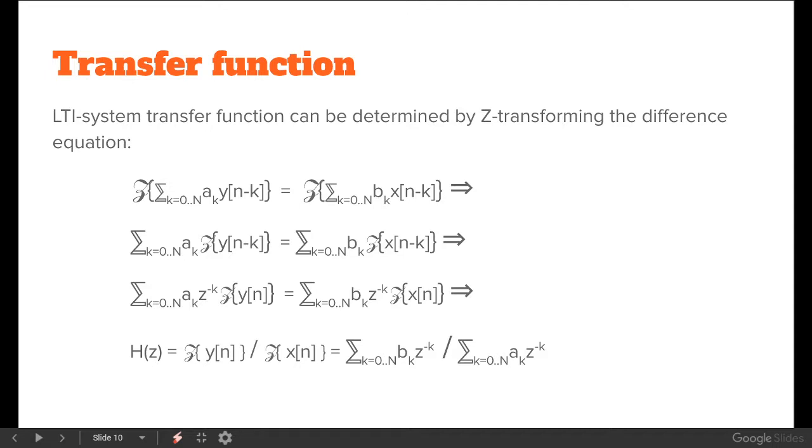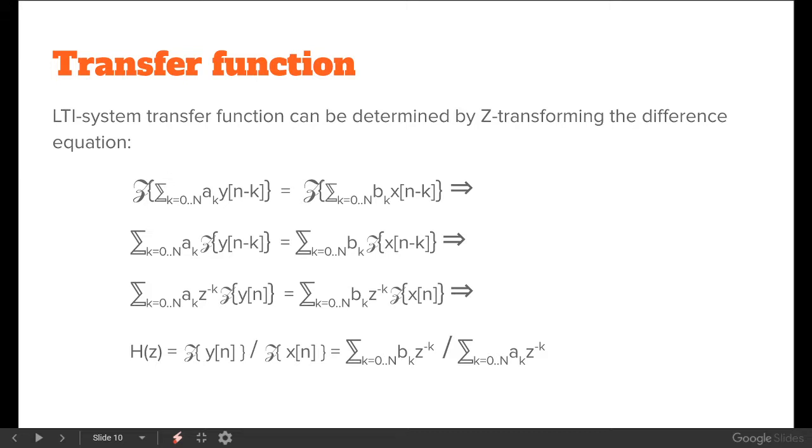Linearity means that you can actually get these scaling factors out, and we have a_k times Z transform of y[n-k] equals to b_k times Z transform of x[n-k].